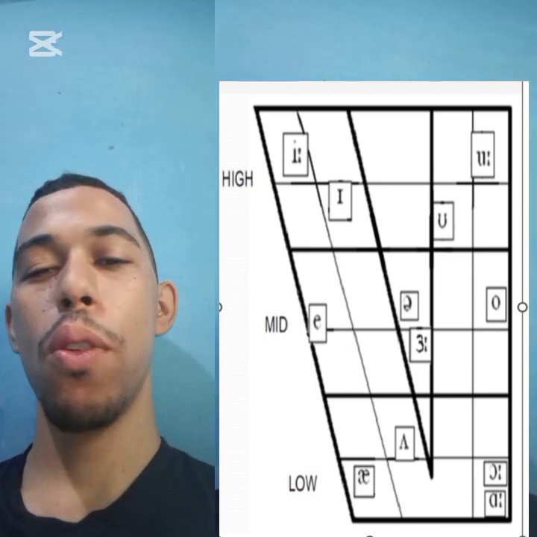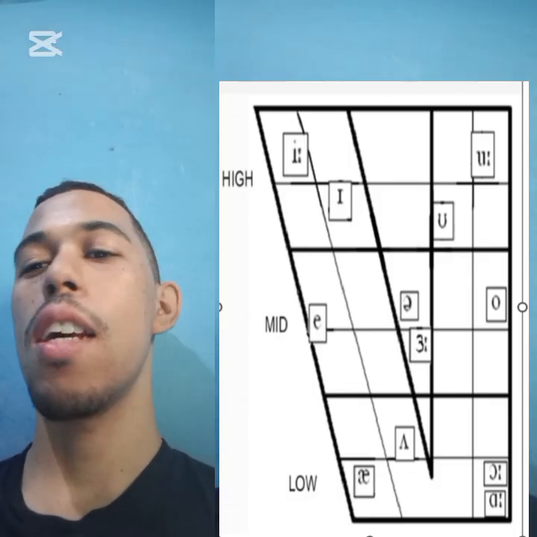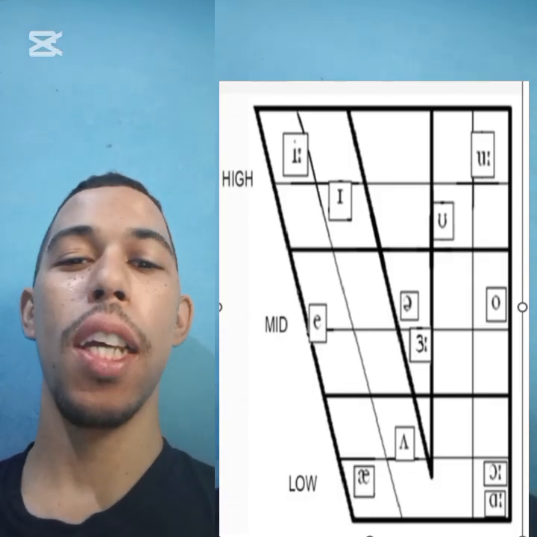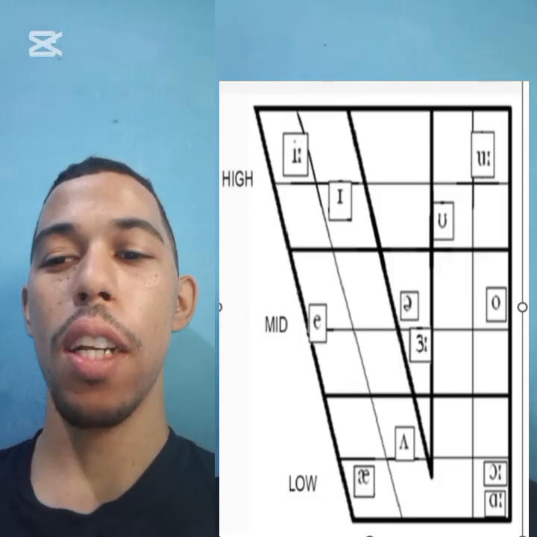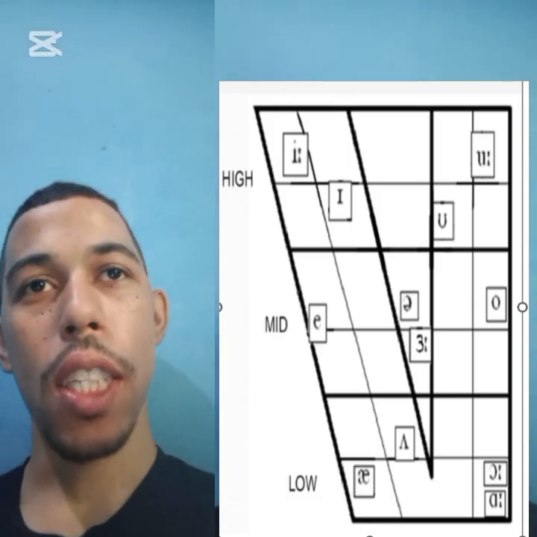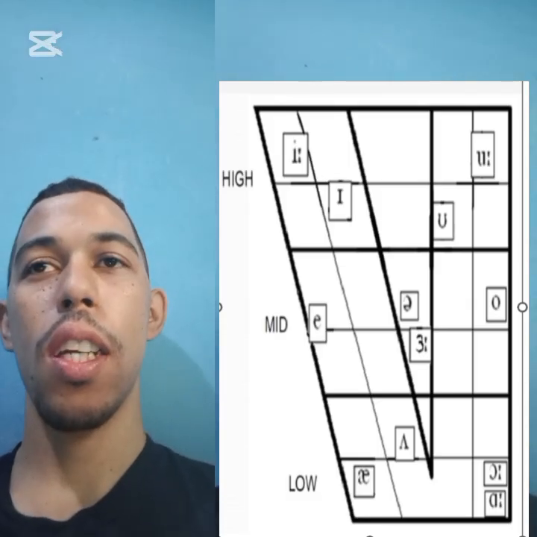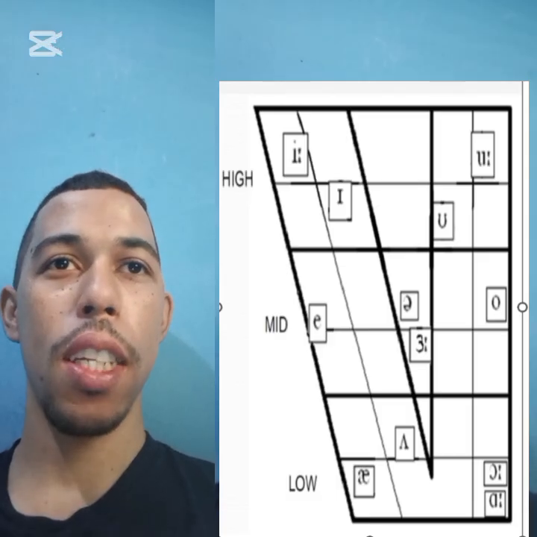If we go to the middle, we have one of the most important and famous phoneme sounds in American English, which is the schwa sound. It's in the middle of the chart. Let's explain this first.